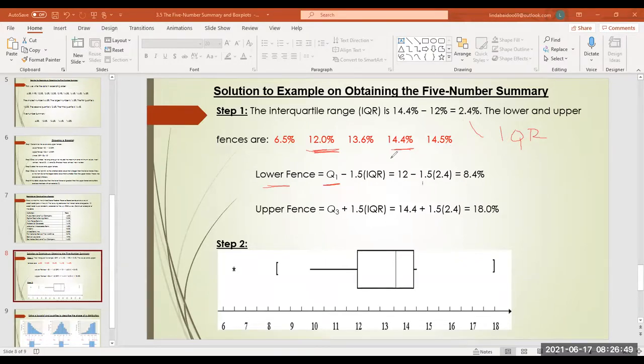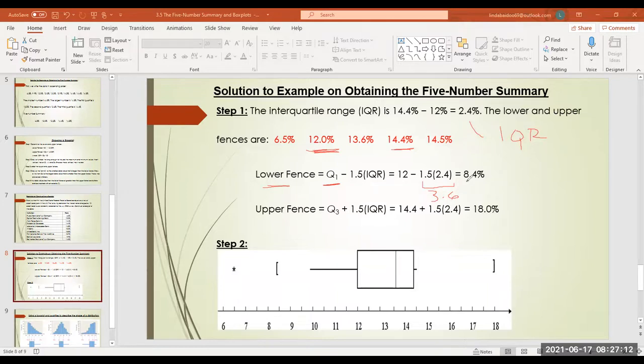So do the multiplication first, before you do your subtraction and addition. If you have a calculator and you multiply 1.5 by 2.4, you get 3.6. Subtract it from 12, and that will give us 8.4.